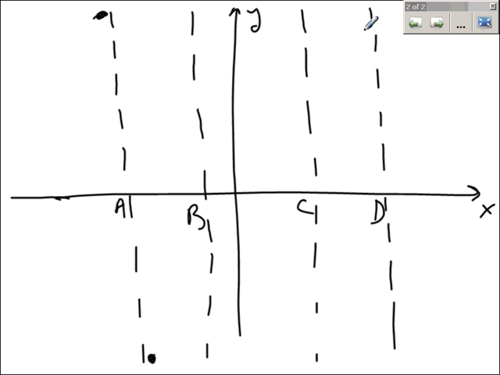At B, less than B, let's suppose it's positive infinity. More than B, let's suppose it's negative infinity. If you're a little bit less than C, suppose you're at negative infinity. If you're a little bit more than C, maybe you're also at negative infinity. Actually, in this case, if x is more than C, it should be positive infinity.